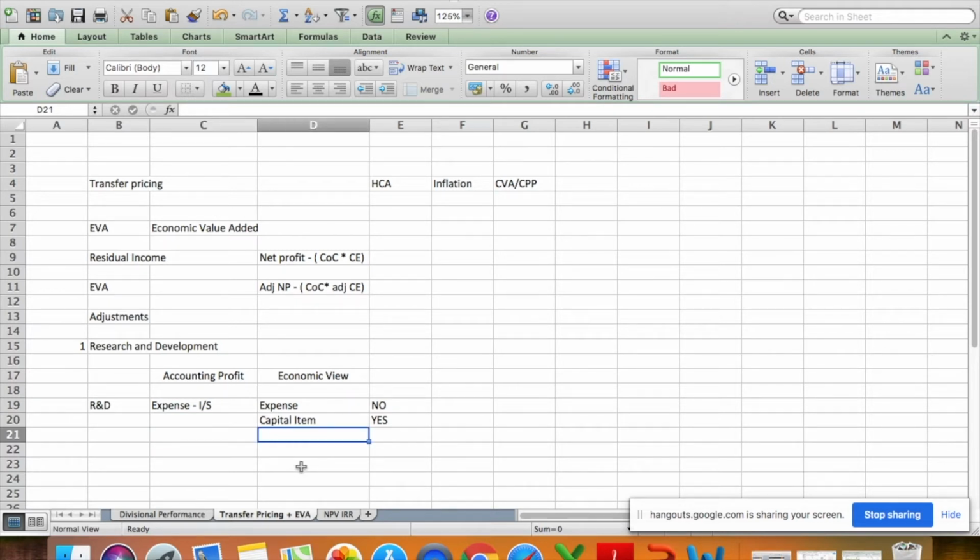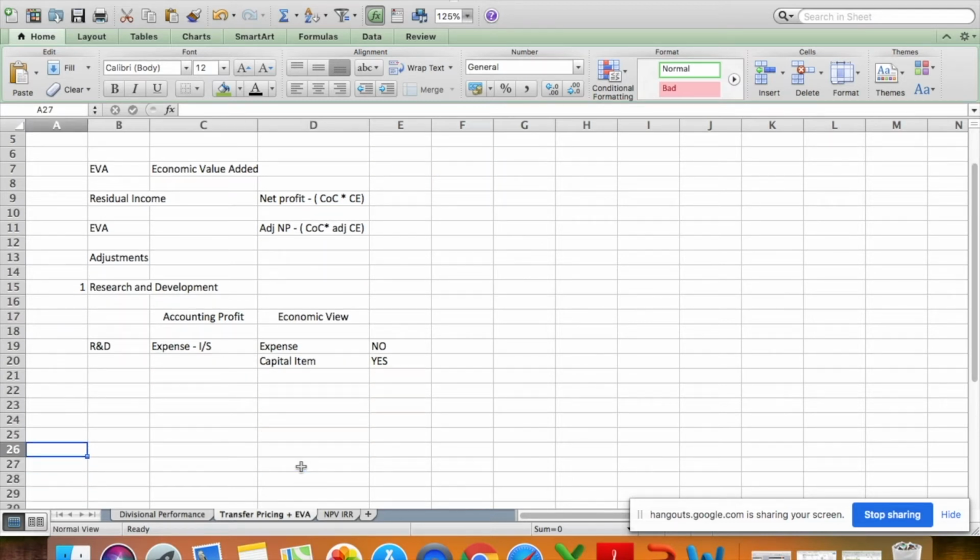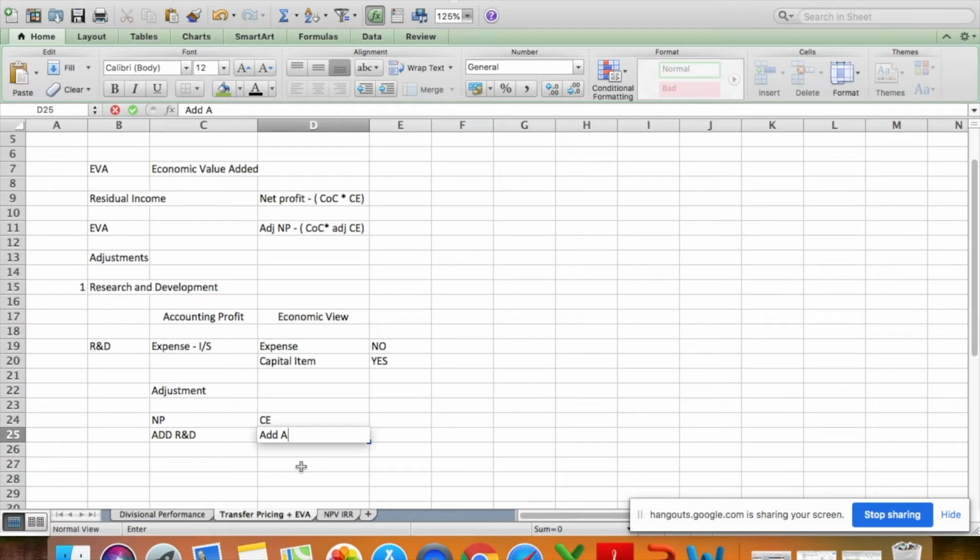So that is why we are going to adjust research and development as per the economic value added, EVA, view. The EVA view, I'm going to explain again, differentiates the accounting view and the economic view. The adjustment I'm going to write down now is that in net profit, we are going to add back the R&D expense that was already expensed out. So we are going to eliminate its impact from the net profit.